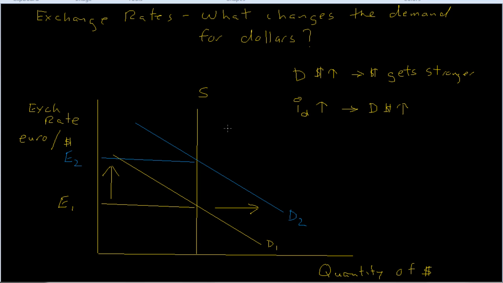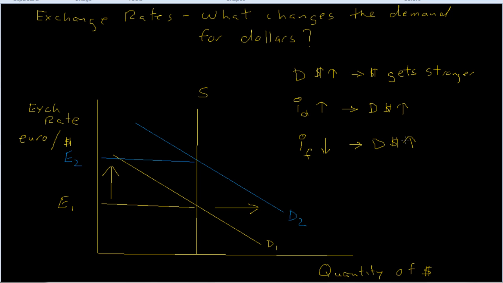Okay. Likewise, if the foreign interest rate, the interest rate in Europe, and I'm looking at this from the perspective of a U.S. citizen, I'll call this IF, if it goes down, the demand for dollars also goes up, right? If interest rates are very low in Europe, what are you going to do? You're going to look for a better place to invest your money, and that place may be the United States, in which case you can't invest your euros in a U.S. bank.